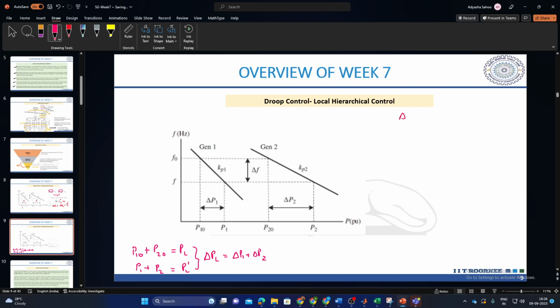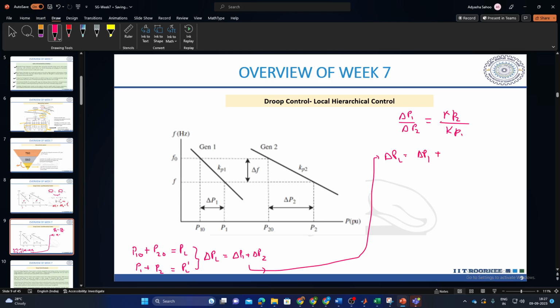And from the equation we had seen that delta P1 by delta P2 was Kp2 upon Kp1. So from here, what I can do is take delta PL, and let's say delta P1 is as it is, and delta P2 we replace from this equation.